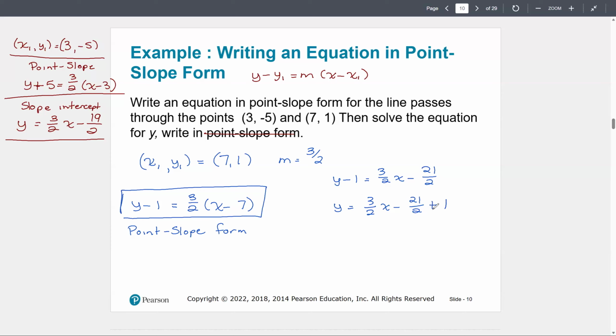So we have to add the 1 to both sides, so plus 1. Y equals 3/2 x minus 21/2 plus 2/2. And we get y equals 3/2 x minus 19/2. So we get back the same slope intercept form.